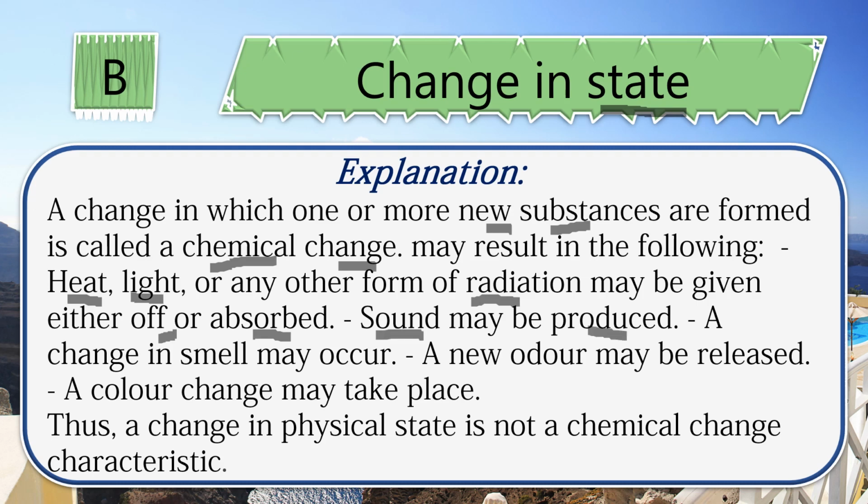Sound may be produced. A change in smell may occur. A new odor may be released. A color change may take place. Thus, a change in physical state is not a chemical change characteristic.